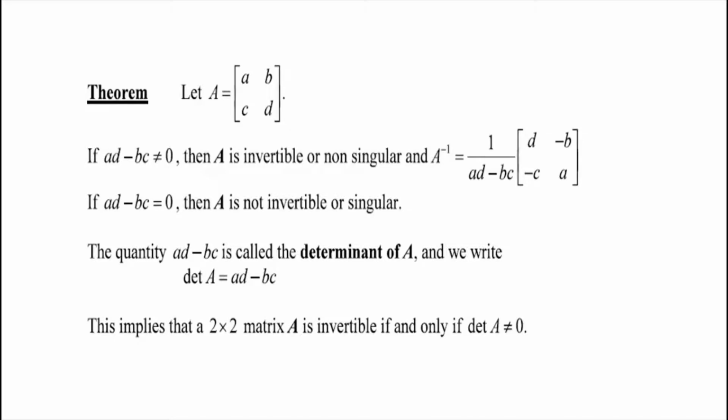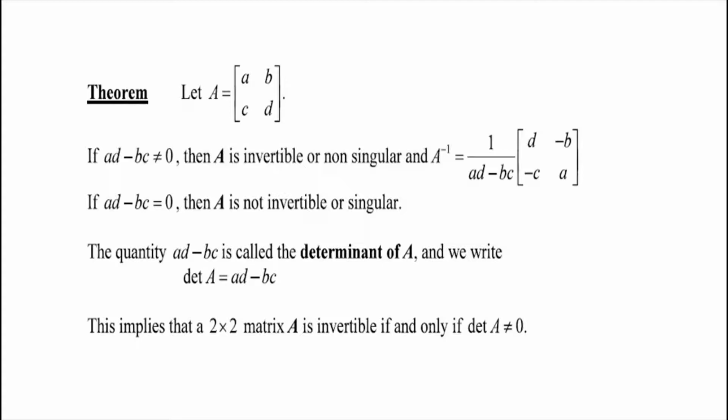This is the statement of a theorem. Let's take a matrix A with entries a, b, c, and d. If ad minus bc is not equal to 0, then A is invertible or non-singular, and the inverse of A is equal to 1 over ad minus bc times the adjoint of A, which is obtained by interchanging the places of the entries of the main diagonal and changing the sign of the remaining entries.